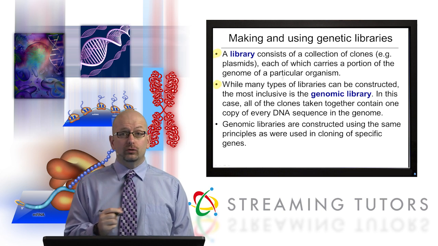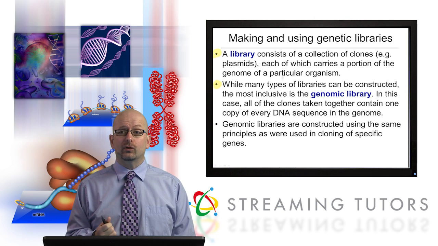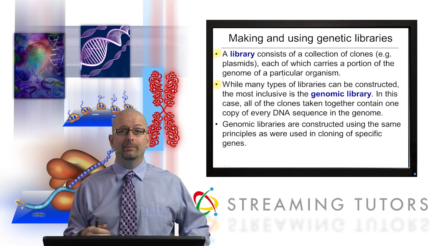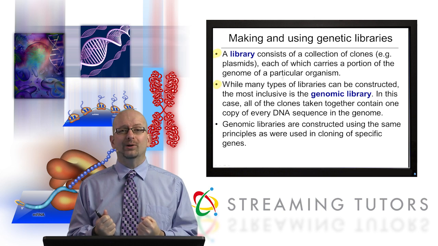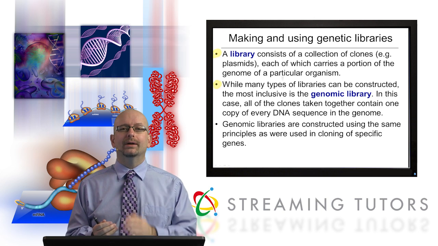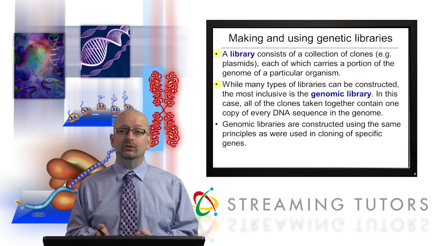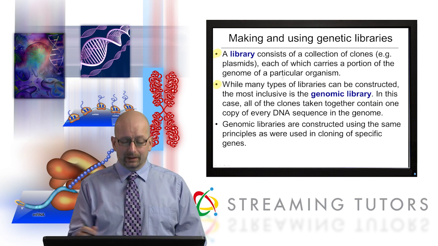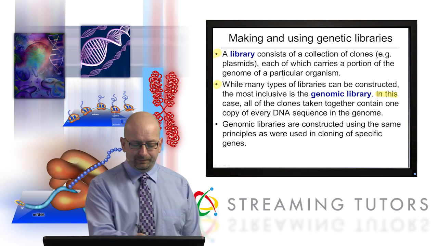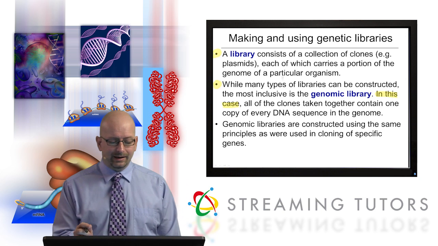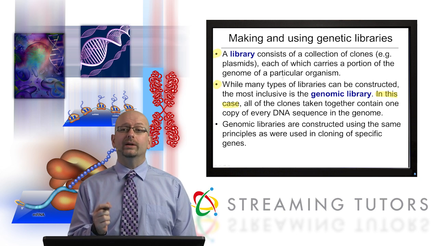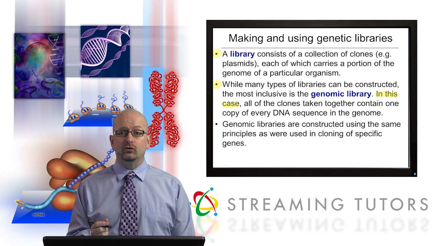The most inclusive one, and the kind we'll discuss first, is called a genomic library, meaning that somewhere in those books in the library, those clones, you will find every single gene and other DNA sequence present in the genome. So I think I just said this, but all of the clones taken together contain at least one copy of every DNA sequence in the genome.